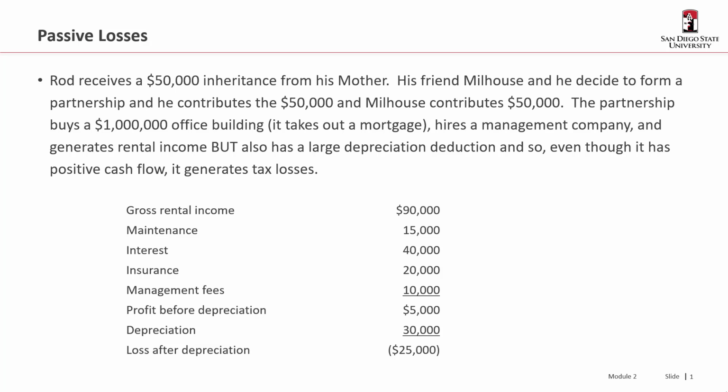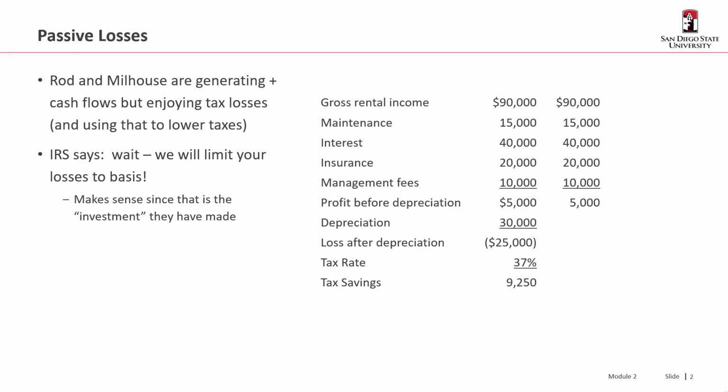But in this case, they've invested only a small portion of the $1 million building that they get to depreciate. So really what they're doing is depreciating what I like to say as the bank's asset, right? But it's in their names and they get the depreciation for it. So they're generating these positive cash flows, but enjoying tax losses.